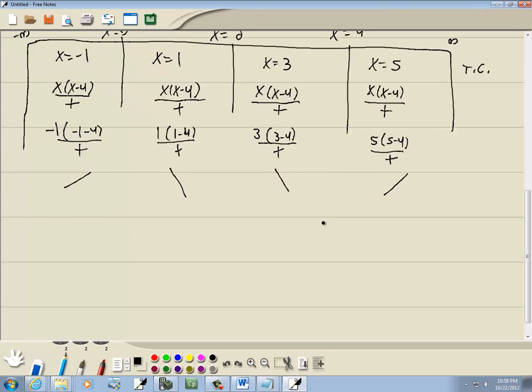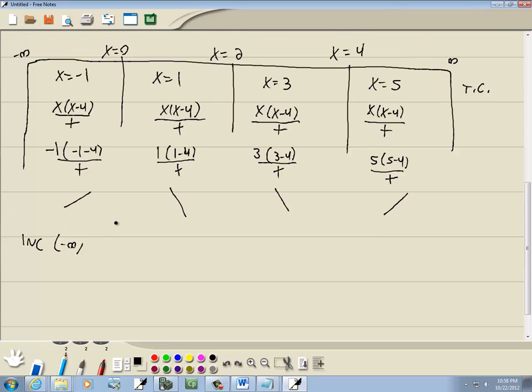Okay. Let me write down my increasing, decreasing, and so forth. So it's increasing from negative infinity to our first critical value, which is 0. And then it's decreasing from 0 to 2. Then it's decreasing from 2 to 4. And then it's increasing from 4 to infinity.